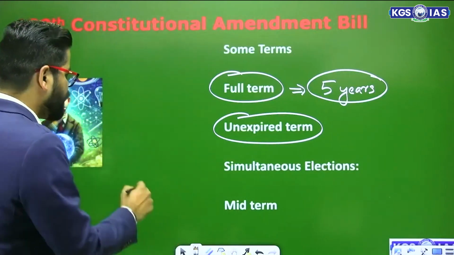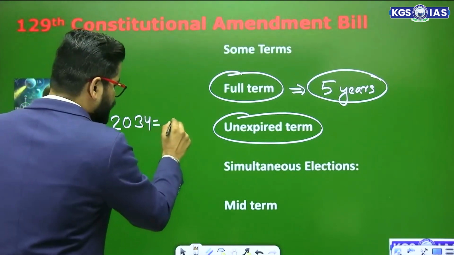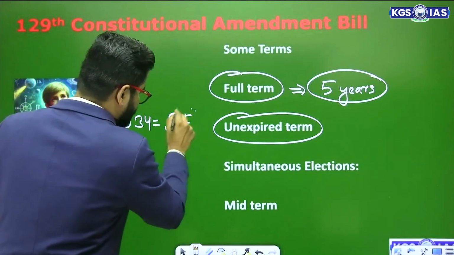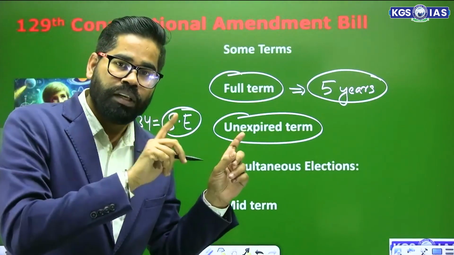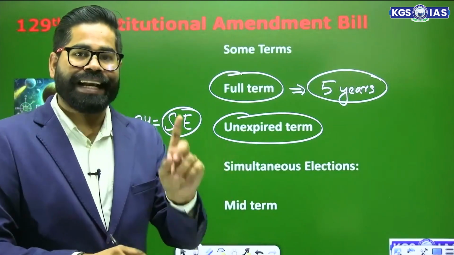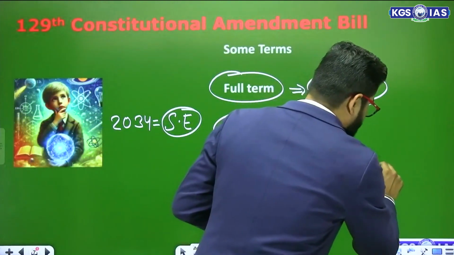Let us say that in 2034 there is the first simultaneous election. Simultaneous election means election to both Lok Sabha and State Legislative Assembly.